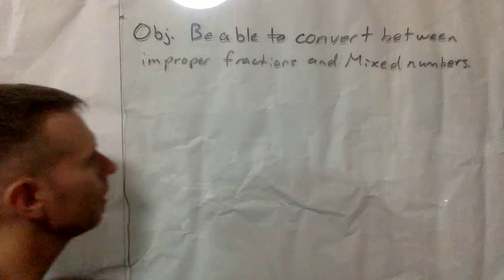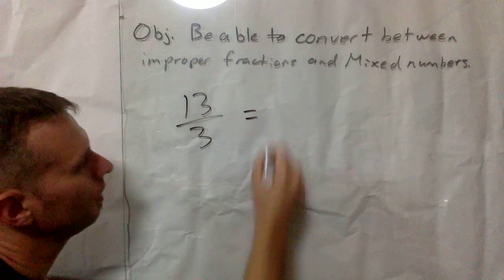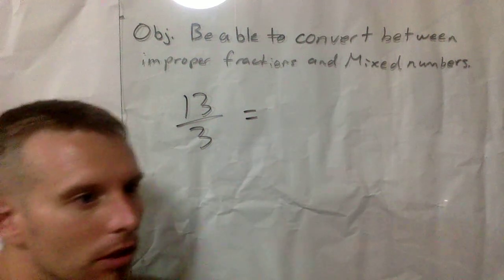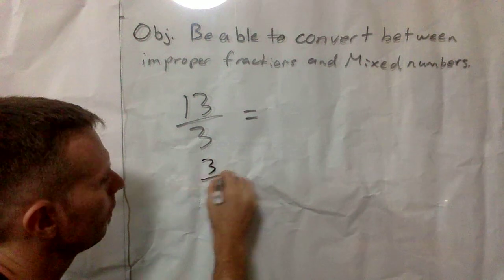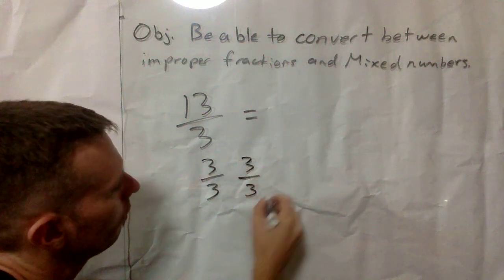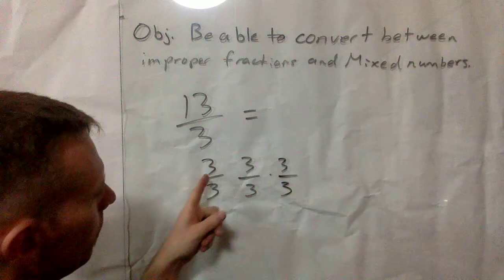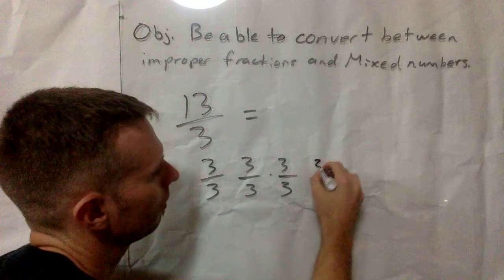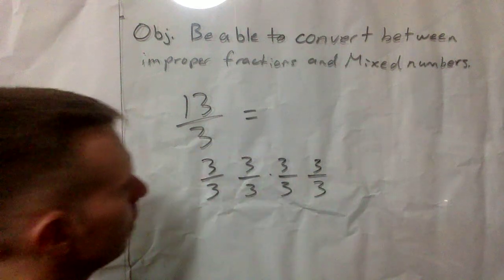Okay, now let's go the other way. 13 over 3 equals what as a mixed number? Let's think about this. With 13 over 3, you have at least 3 over 3, and another 3 over 3. How many is that? That's 6, 9, that's not enough, 12. Okay, so you need one more.